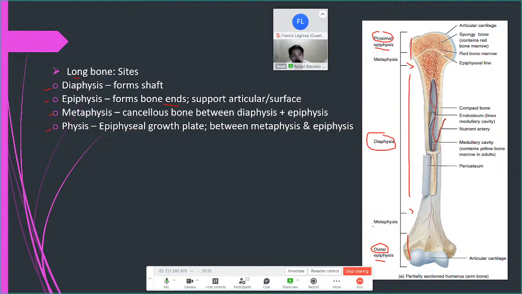The humeral head is closer to the center of your body, your point of reference, or your joint basically. So it's the proximal. The distal is at the end here.